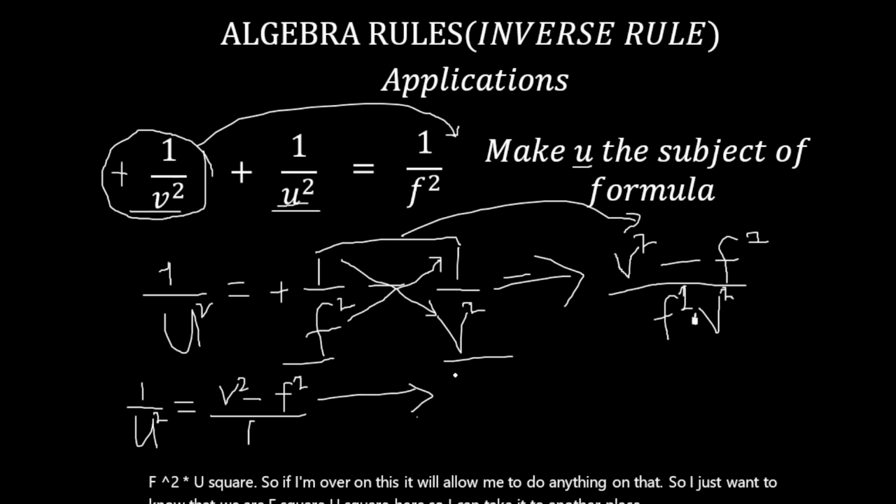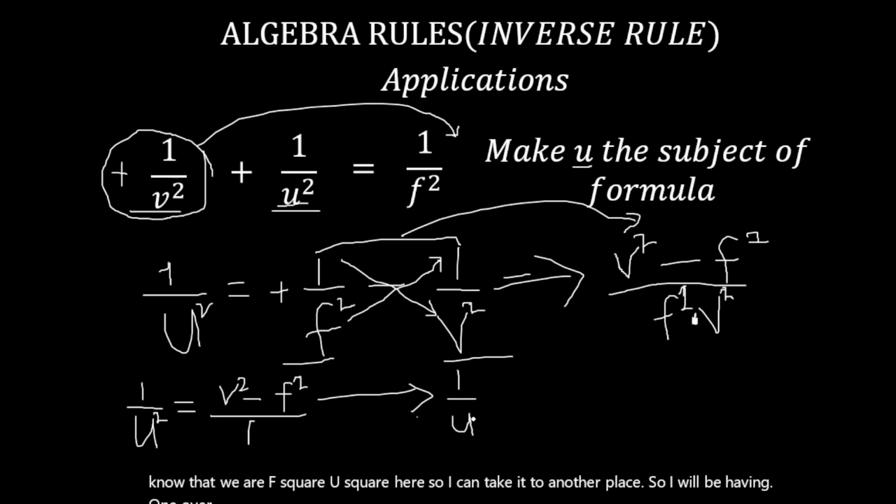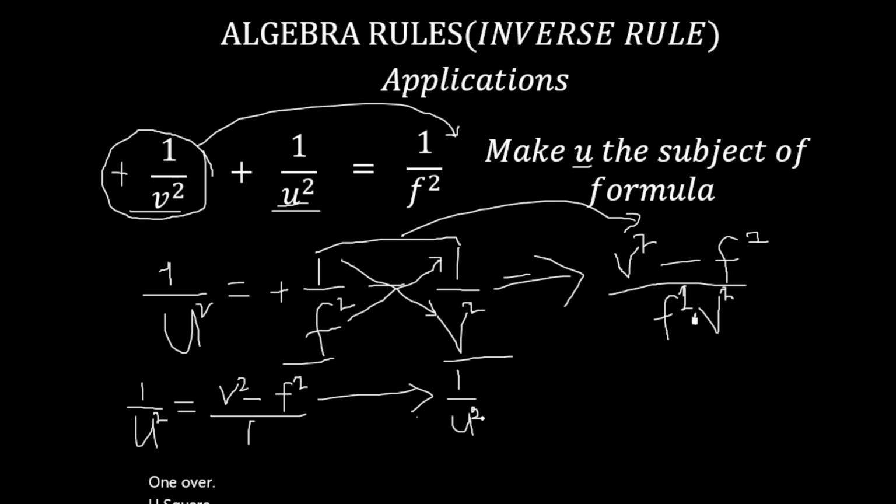So I will be having 1 over u square equals v square minus f square over f square multiplied by then u square.